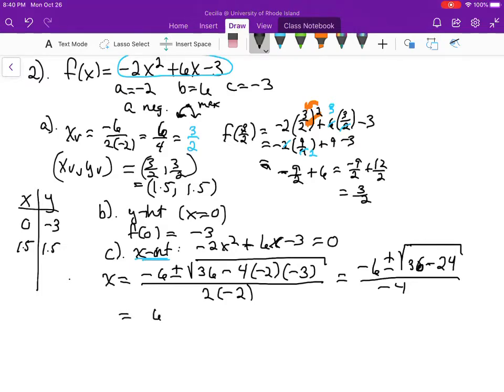And we can have 6 minus plus the square root of 36 minus 24, which is going to be 8, right? No, 12. Yes, 12. All underneath the square root sign, and then we get a 4 here.